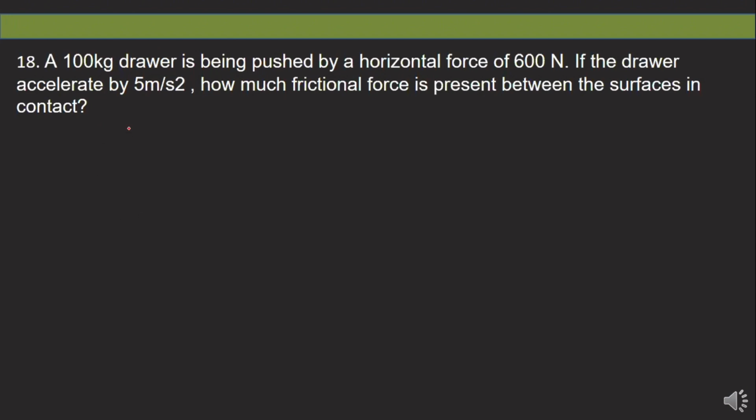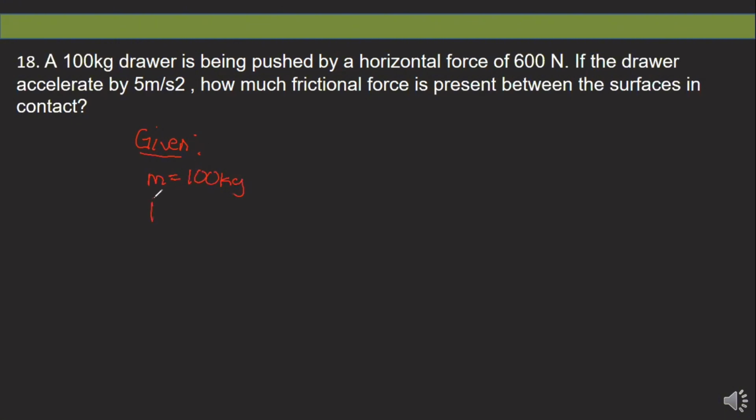Okay, let's try to answer this question. A drawer is being pushed by a horizontal force of 600 Newtons. If the drawer accelerates by 5 meters per second squared, how much frictional force is present between the surfaces in contact? So, the first thing that you need to do here is to identify all the given. First, we have a mass, which is 100 kilograms, and is being pushed by a horizontal force of 600 Newtons.